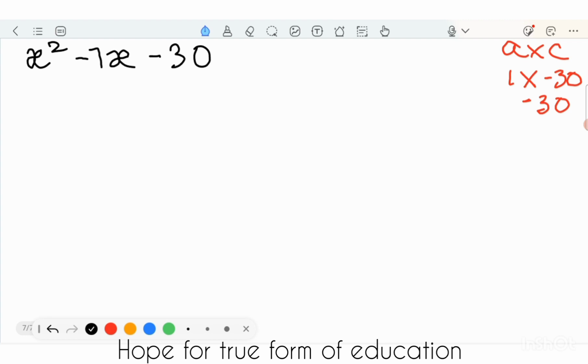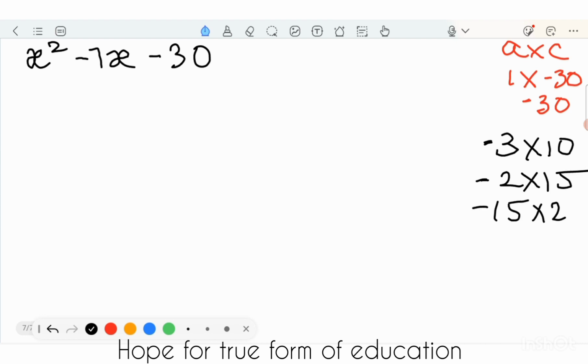Now we will put out the factors of 30. Minus 3 into 10 or minus 2 into 15 or minus 15 into 2, vice versa, or it's minus 10 into 3, or minus 5 into 6 or minus 6 into 5.